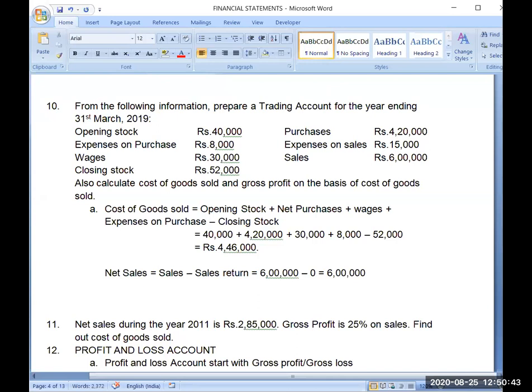Now I can calculate the gross profit is equal to, always write the formula. Writing formula is compulsory. Net sales minus cost of goods sold. Otherwise your marks will be deducted.